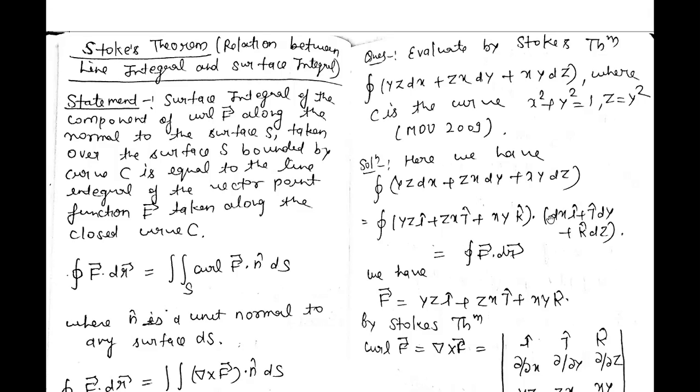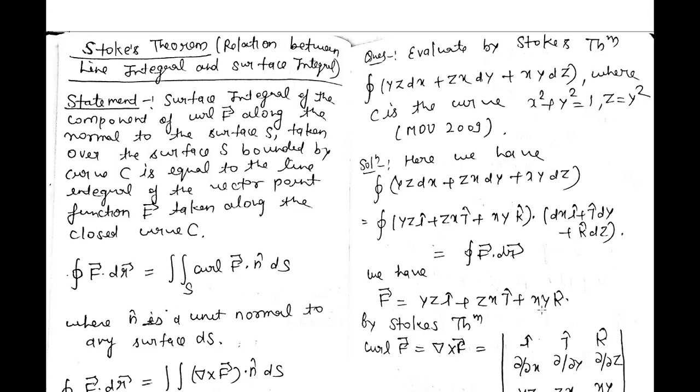When you multiply both these brackets, you will get this line. Now after comparing, you can see that f vector is equal to yz i plus zx j cap plus xy k cap.